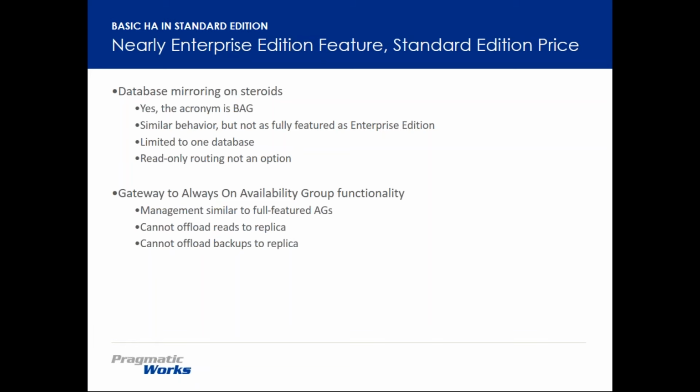So if you're still on mirroring because it really answered the question for you and you were real happy with it, but you're concerned that it's going to go away, definitely switch to this, get comfortable with it, and it's going to fill in nicely for you there.